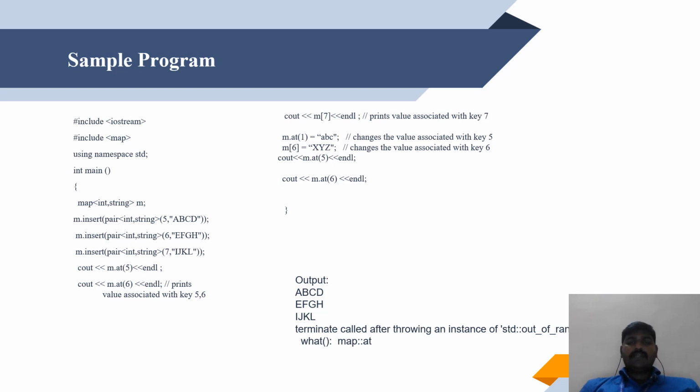So I'm getting the value which starts with ABC, and in position 6 it starts with XYZ. Sorry, I've wrongly mentioned this. So cout, m dot at of 5, m dot at of 6. It means that whatever value is stored in that position will be given as the output here.